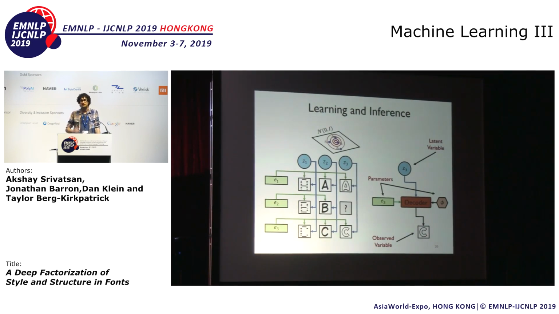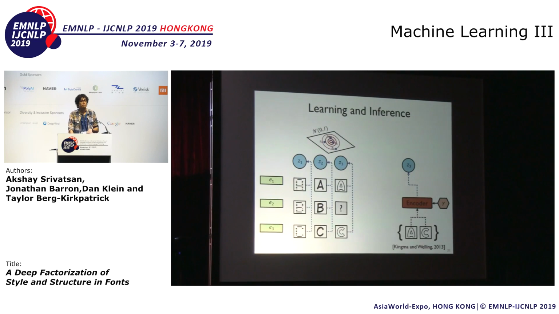But unfortunately, we can't actually do this. The reason is that the posterior over those latent variables given the observed glyphs is intractable in this case. That's because these are high-dimensional, continuous-valued vectors which are getting passed through this complex, nonlinear decoder that we can't really go backwards through. So instead, we're going to approximate that posterior using an inference network.